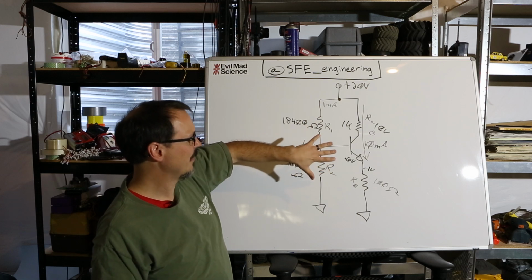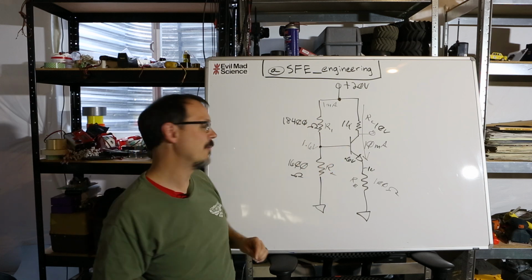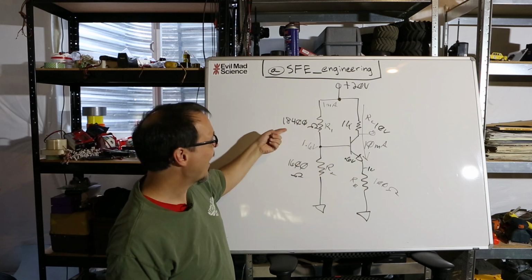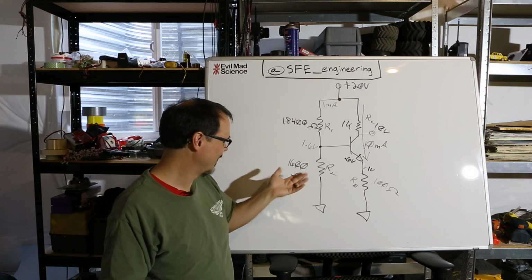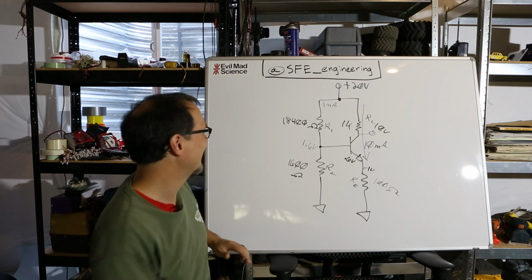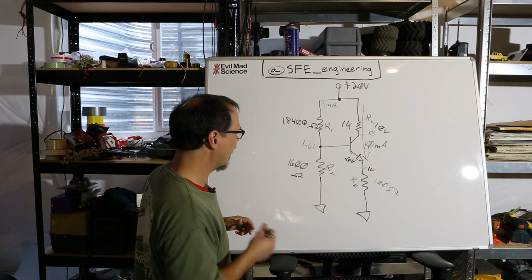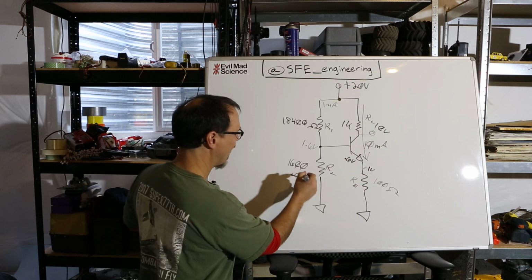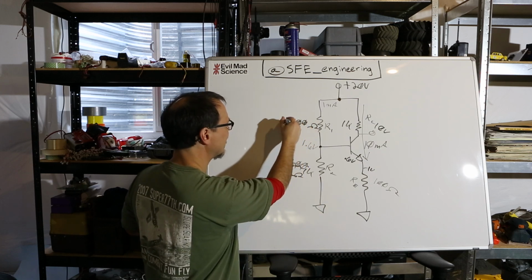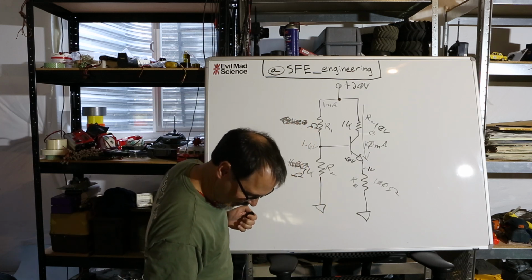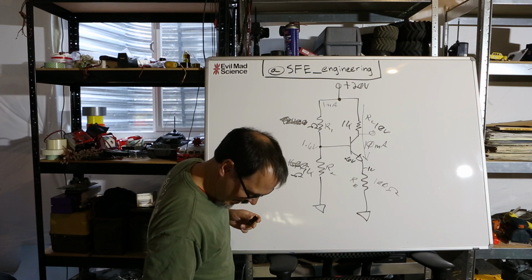Going back to the original example, this is not the circuit I ended up with, mostly because I'm lazy. I don't have an 18.4K. I might have a 1600 ohm lying around, but whatever. So basically, I changed this guy to be 1K, and I changed this guy to be, and you're going to go like, what, dude, what were you thinking?